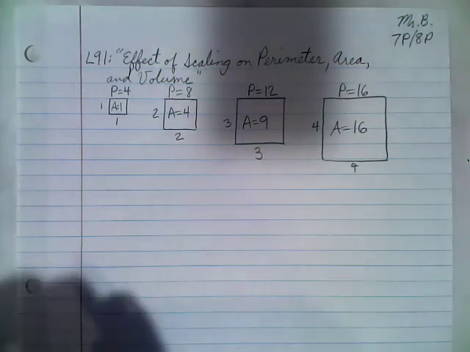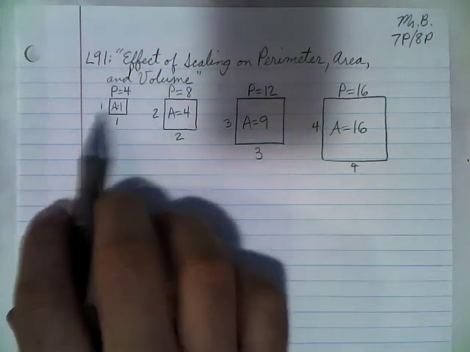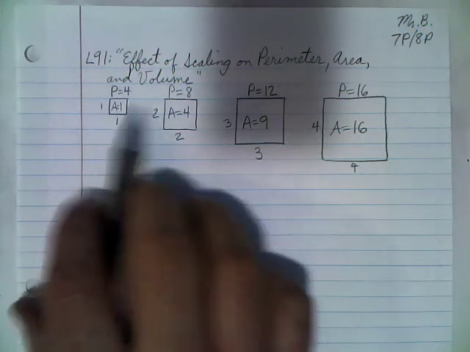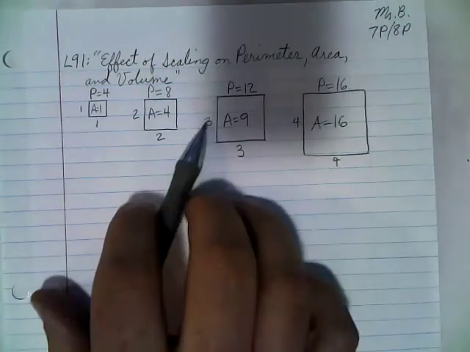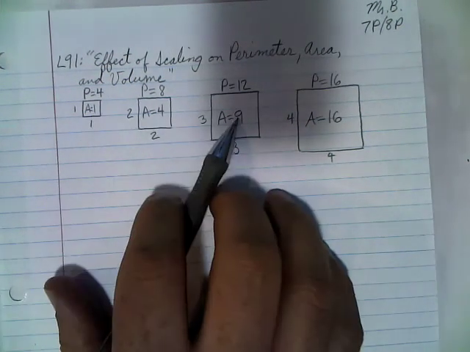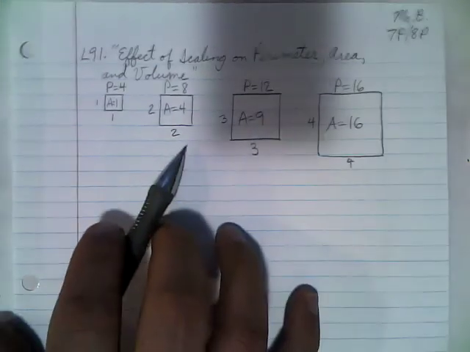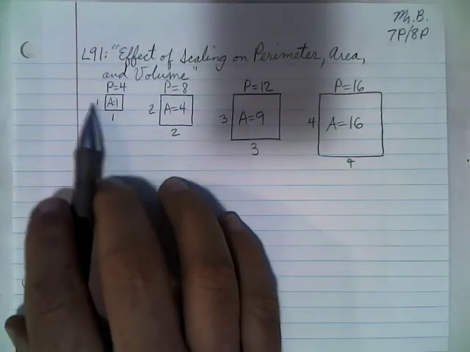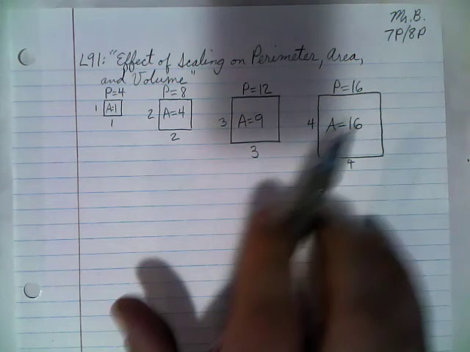If we look at area though, when I doubled my side length, my area didn't double, it actually quadrupled. When I triple my side length, my area becomes not 3 times as much, but 9 times as much. And when I quadruple my side length, so 1 to 4, my area goes from 1 to 16. It becomes 16 times as much.